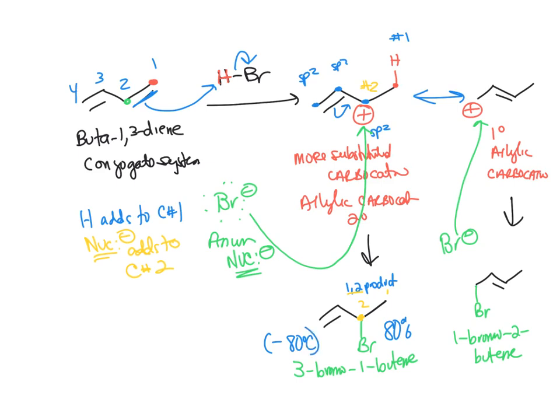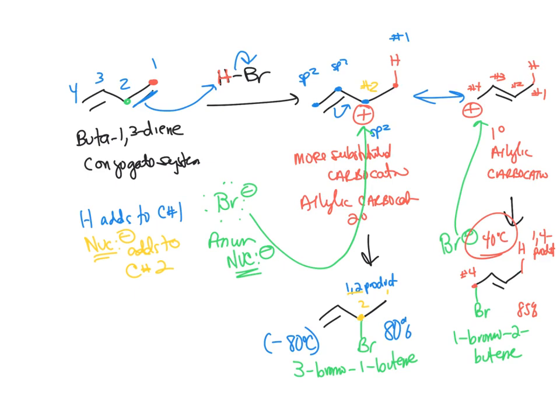Now, over here, this is carbon number 1, and the hydrogen added there. 2, 3. This is carbon number 4. So you got hydrogen here, that's a 1, and then bromine added to carbon number 4. So they call this the 1,4 product. And the 1,4 product is your dominant product at 85% yield at warmer temperatures, 40 degrees Celsius.